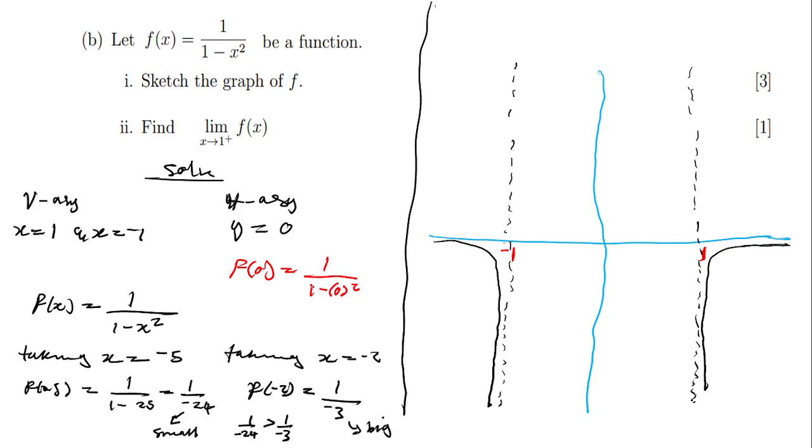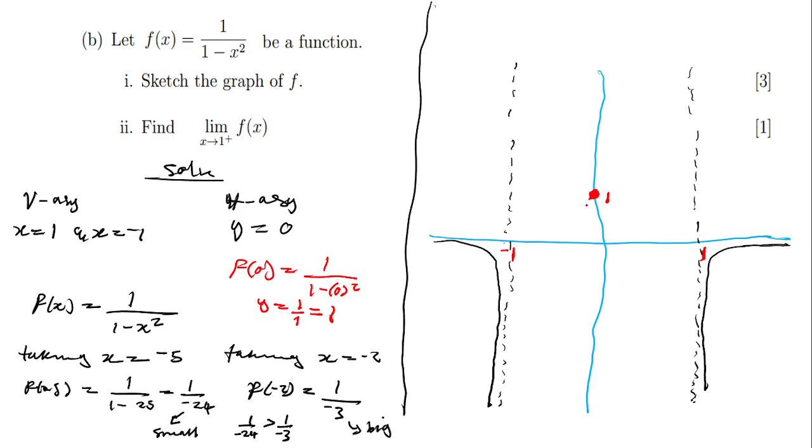For you to know where the y-axis is being cut is when x is equal to 0. So y is equal to 1 over 1, and the answer is simply 1. So the 1 can be there, and then you have to indicate that 1. So that's why it's cutting this particular curve.